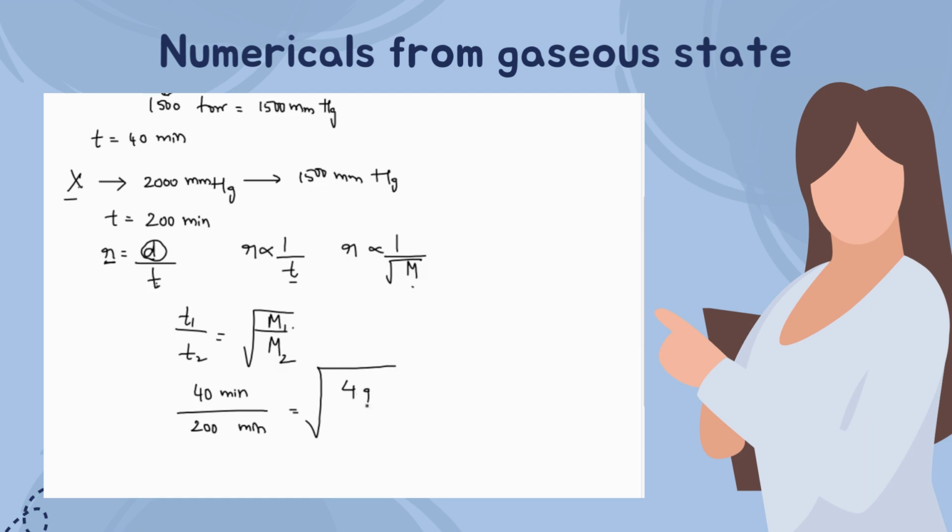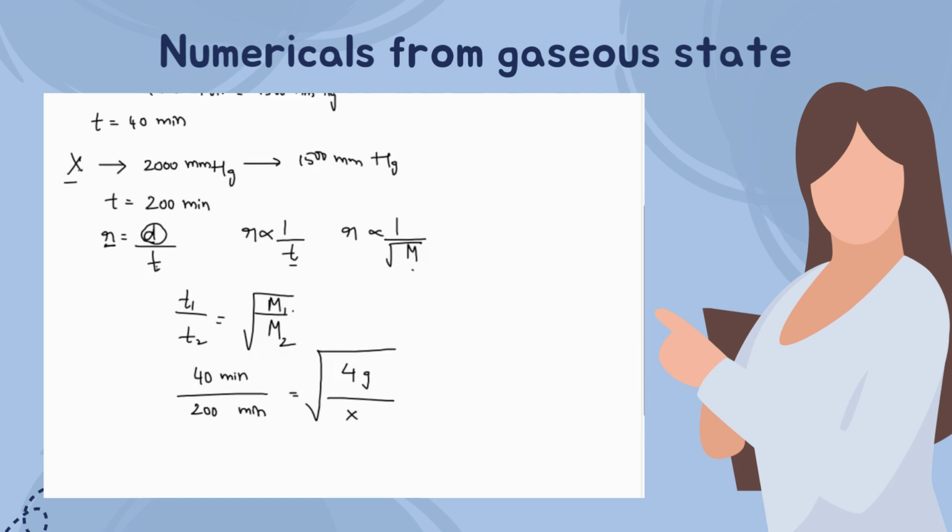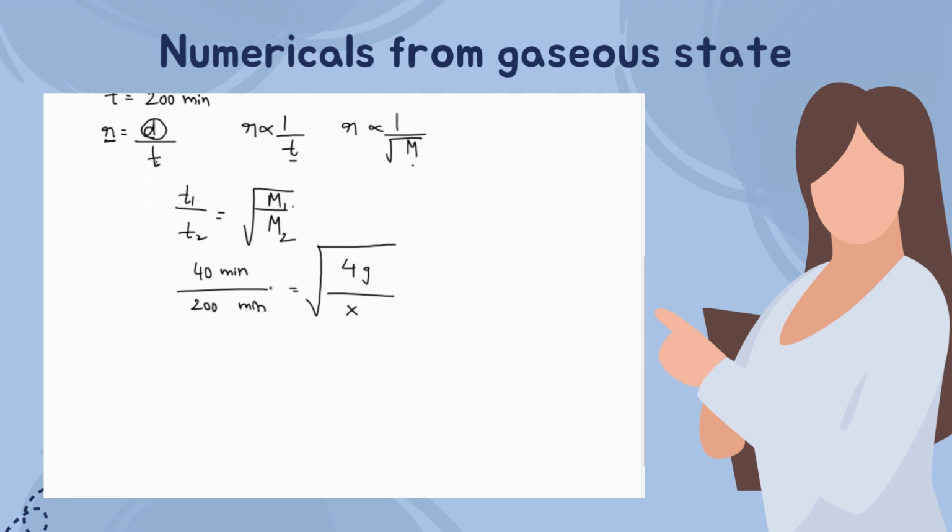Helium mass is 4 grams, by the mass of the second gas, which we don't know, which is X. How can you simplify this? You square on both sides. So we get 40 into 40 by 200 into 200, which is equal to 4 by x.